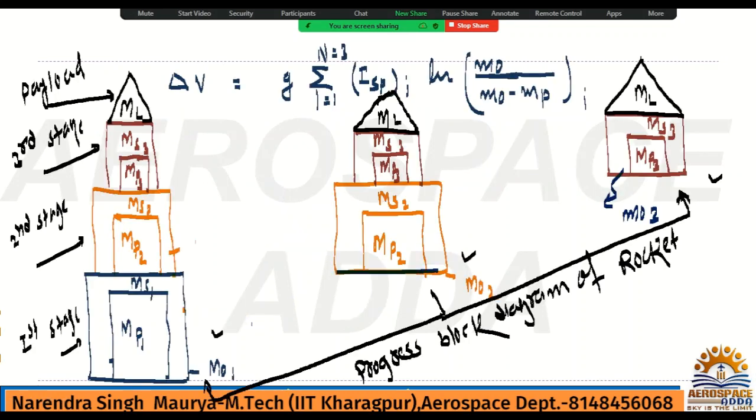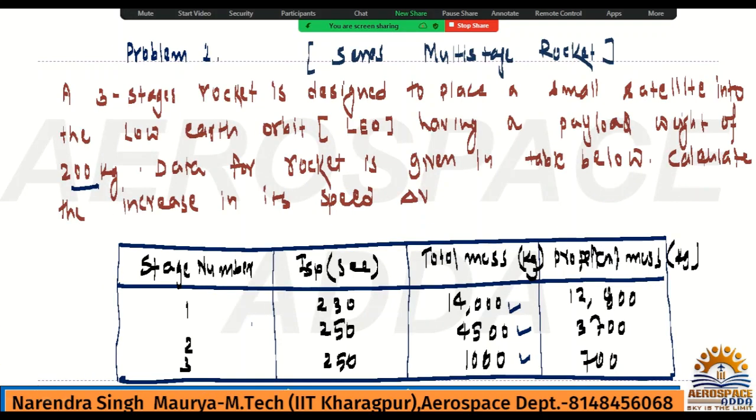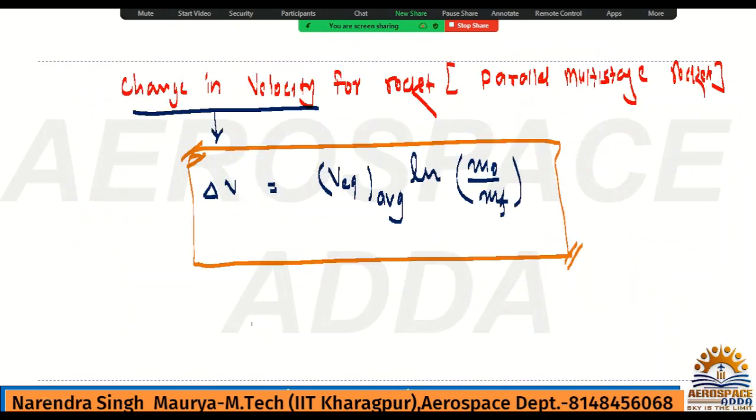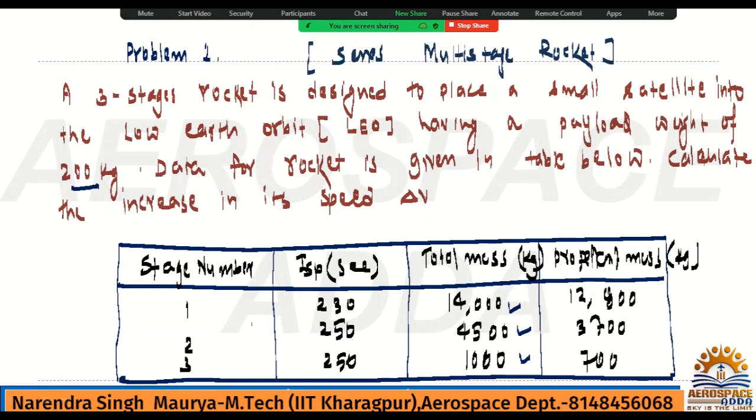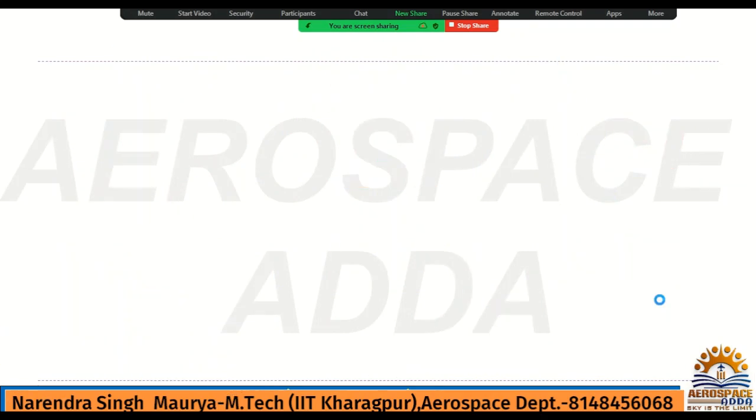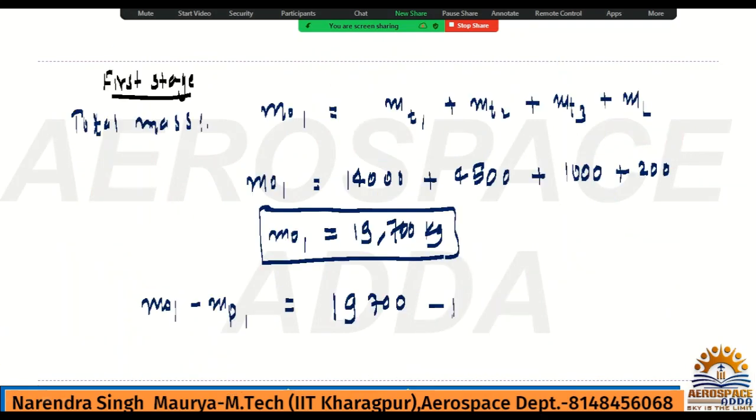Check, in the first stage, what is the mass of the propellant? Here, the mass of the propellant for the first stage is 12,800. So 19,700 minus 12,800, I am getting 6,900. This is m01 minus mp1.